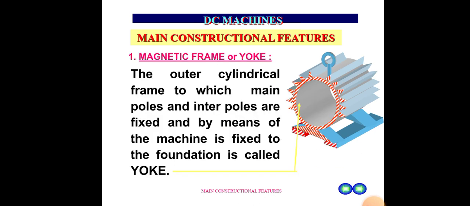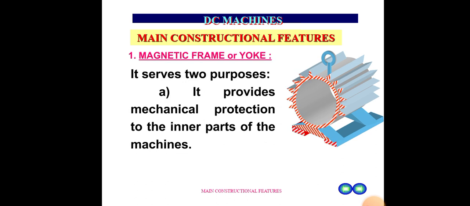First we are going to discuss the magnetic frame or yoke. The outer frame of the DC machine is known as the yoke or magnetic frame. It is used for two purposes. The first one is it acts as a protecting cover for the whole machine and provides mechanical support to the poles.